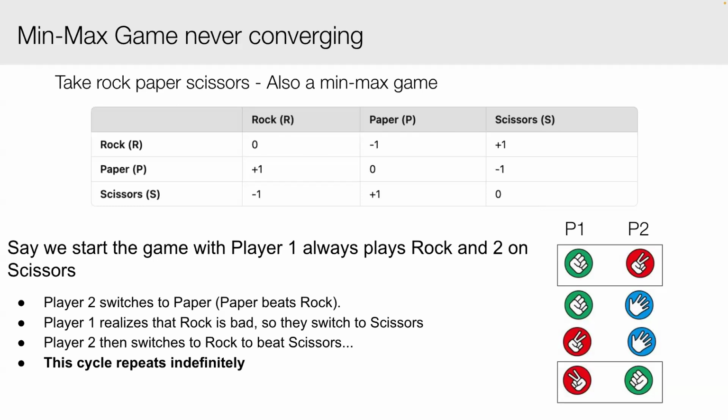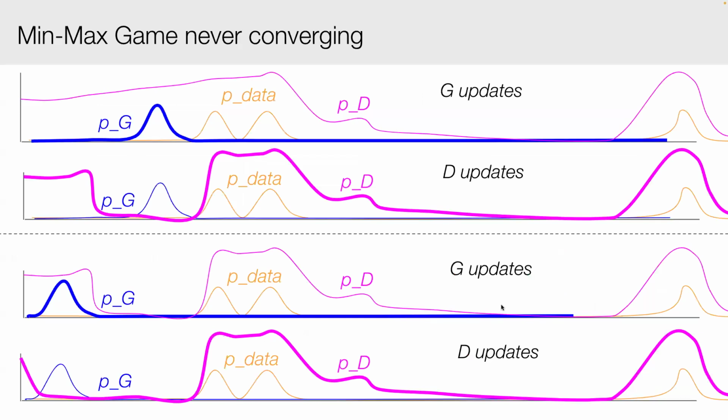So before, with GANs, we were assuming the min-max game reaches an equilibrium, but there are cases in which it doesn't. Here is an example. Okay, this is very messy. Look at these first two graphs. The first graph is epoch 0 or epoch 1, I guess, after the generator updates.